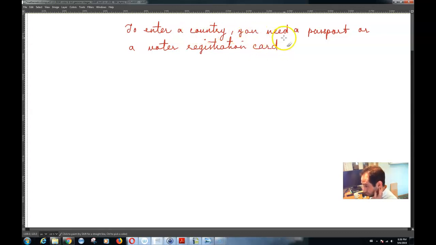So to enter a country, you need a passport or a voter registration card.